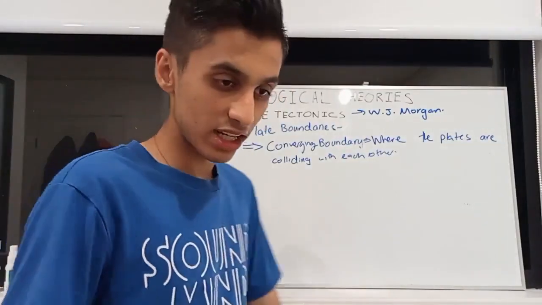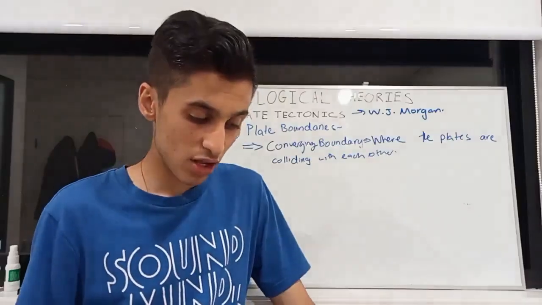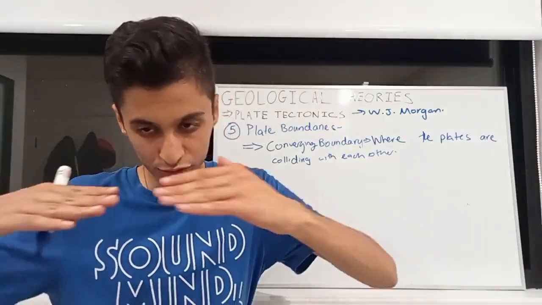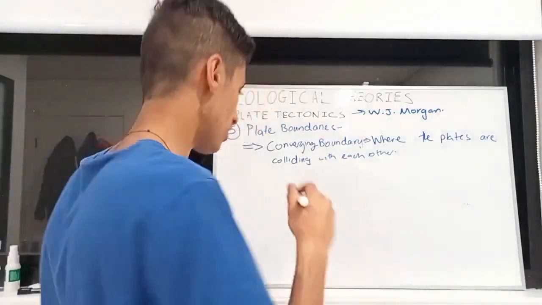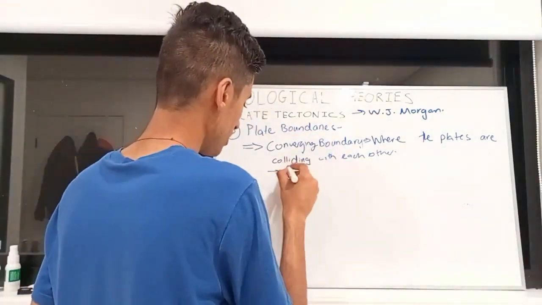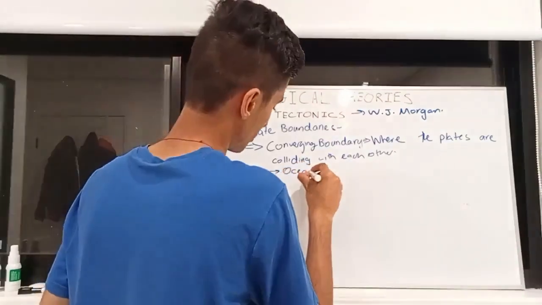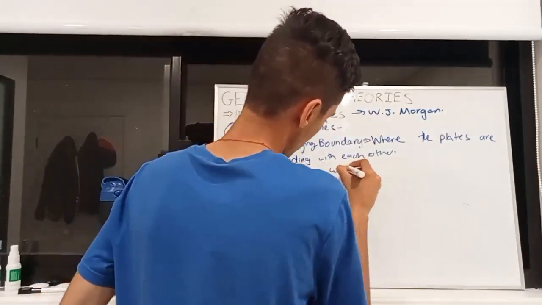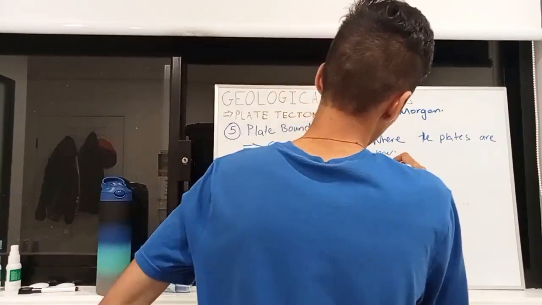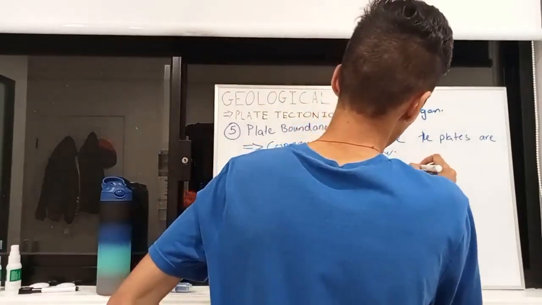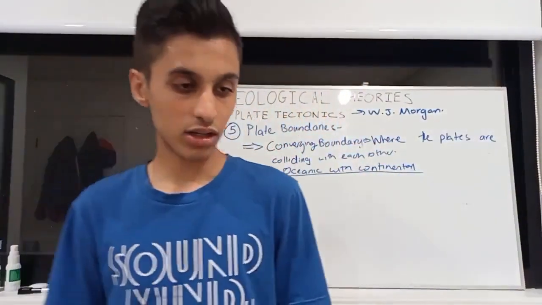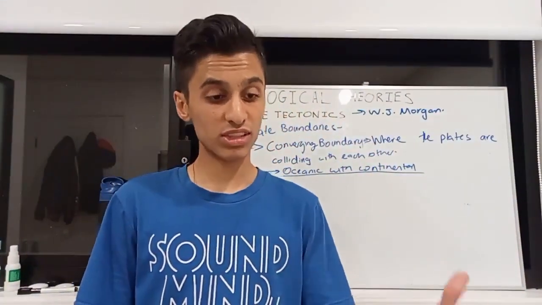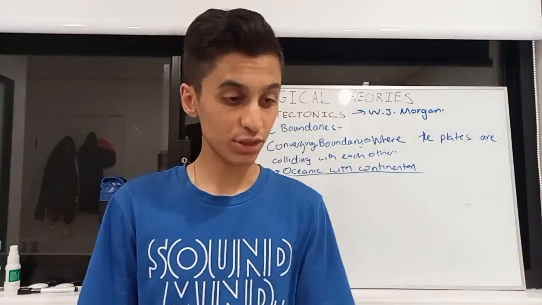So let's look at how each combination would converge. Firstly, let's look at oceanic crust moving into continental crust. What would happen in this case? The denser ocean plate would sink under the lighter continental plate.